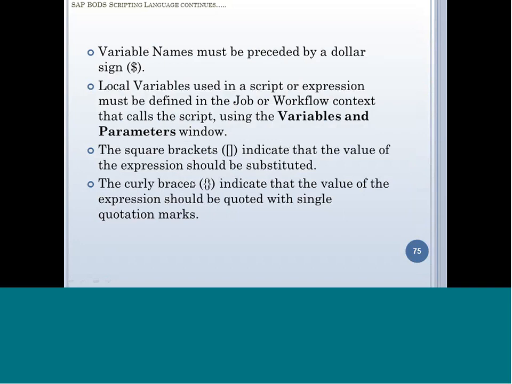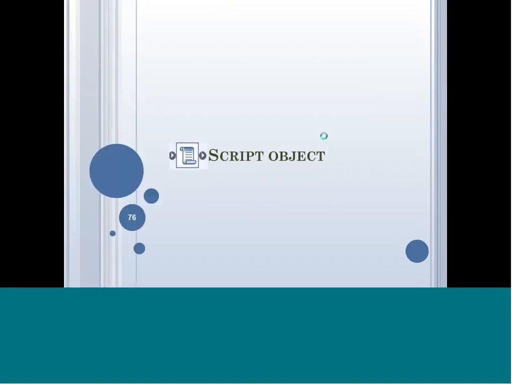Then we can use the curly braces. The usage of this would be that the expression would be coded with single quotation marks. So my request is to please make sure that all these are followed.